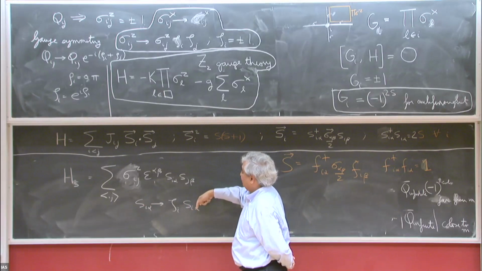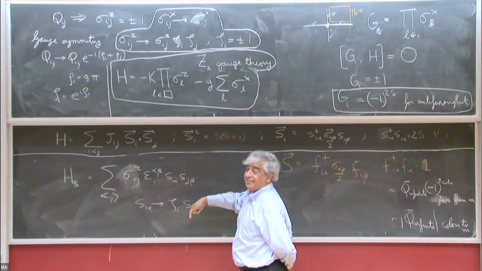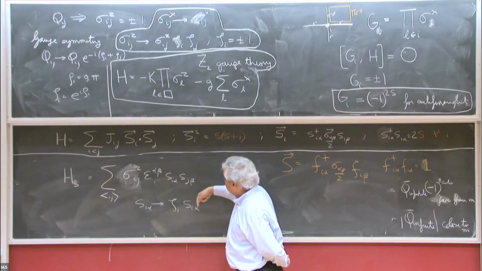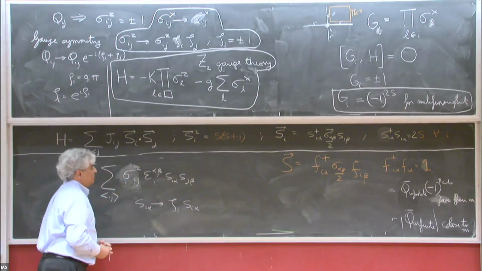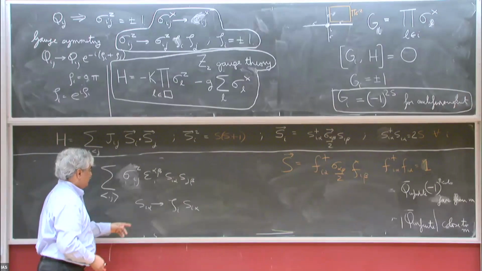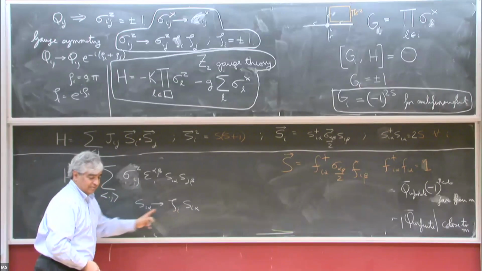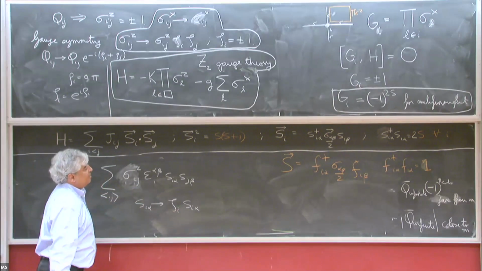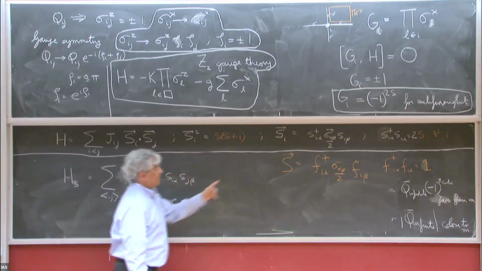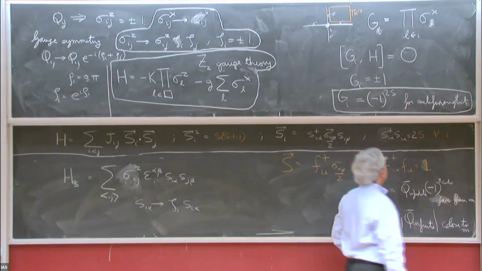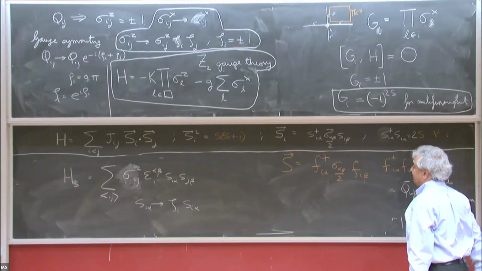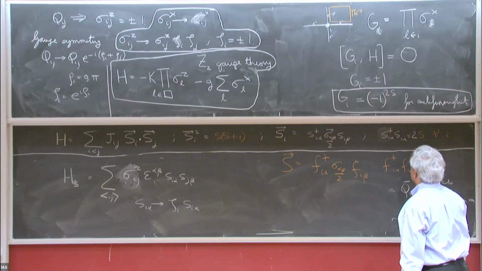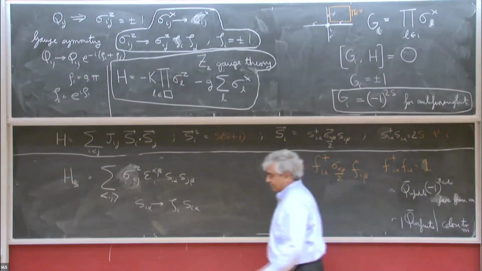I won't write that out, maybe I'll do it by next time. So G has to be modified so it will commute with this term too, and it should perform this particular transformation of the S. And then you see exactly why this has to be (-1)^{2s): under a gauge transformation, we know that there are exactly 2s bosons on each site, and each picks up a factor of -1.